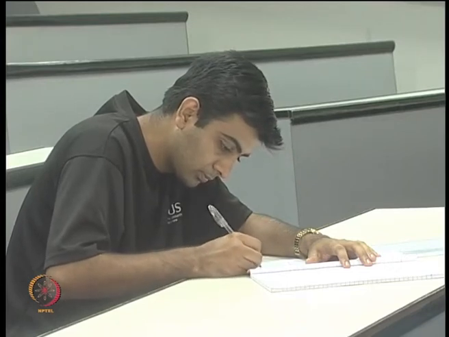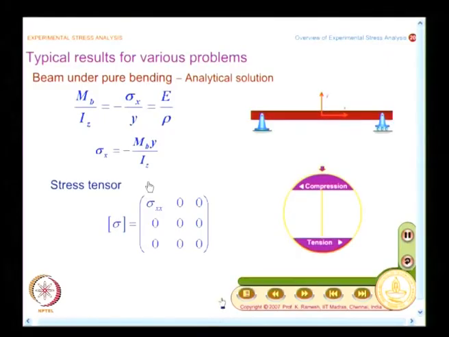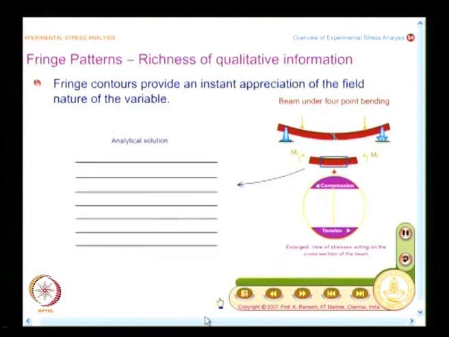This is fairly straightforward, because if you know how to plot contours, then you will know how to interpret the experimental results, because you need to have a visual appreciation of the variable over the domain. And if you have done that, I see some of you must have done it already, in this zone, the contours are essentially horizontal lines.